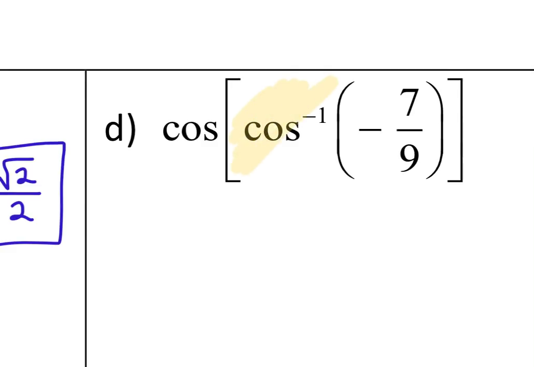Here, if you look at inverse cosine of negative 7 over 9, that's a negative input into the inverse cosine. Negative input into inverse cosine means that you're going to be thinking about a quadrant 2 angle.